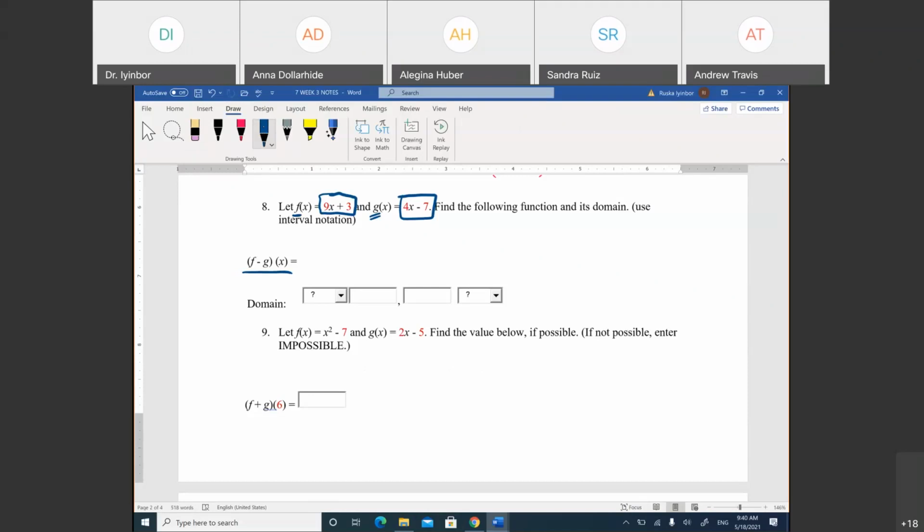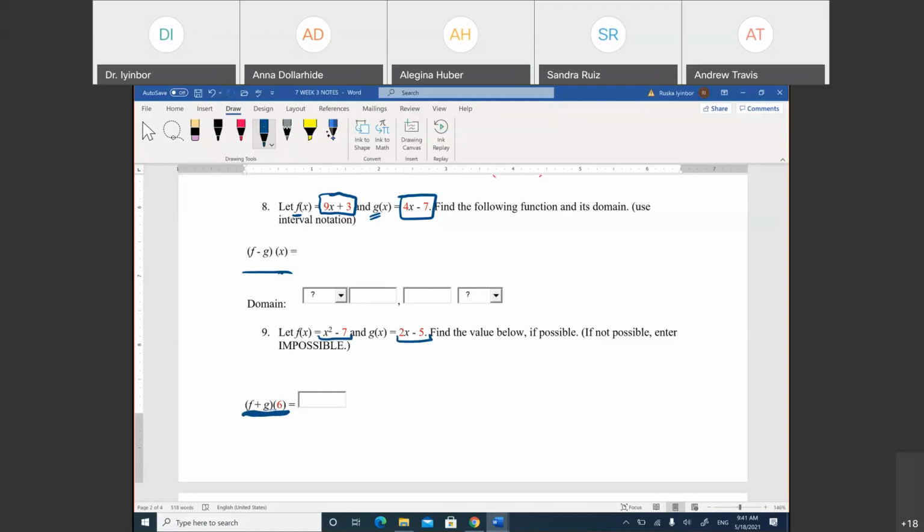Yes? Yeah, a little bit. Okay, so this is what you're doing. f minus g of x. That tells you you're going to subtract f minus g, and you're going to keep it with x. See, if I look at number 9 the same way, you have function f and function g, two different functions, and you need to find f plus g of 6. So that means you're going to add f and g, and you're going to replace x with 6. Okay? So this here tells you what to do.